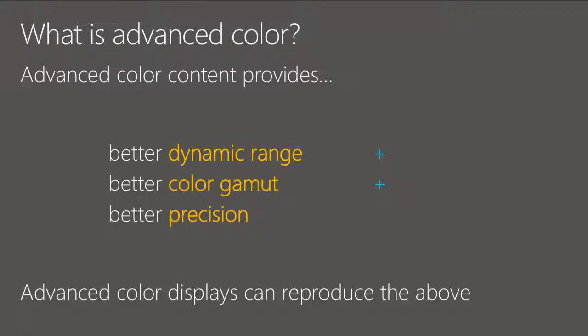And an advanced color device is anyone that can reproduce this kind of content while preserving that improved visual fidelity. Okay, Simon, so you've just traded one piece of jargon for three. So let's look at what each of these things means.